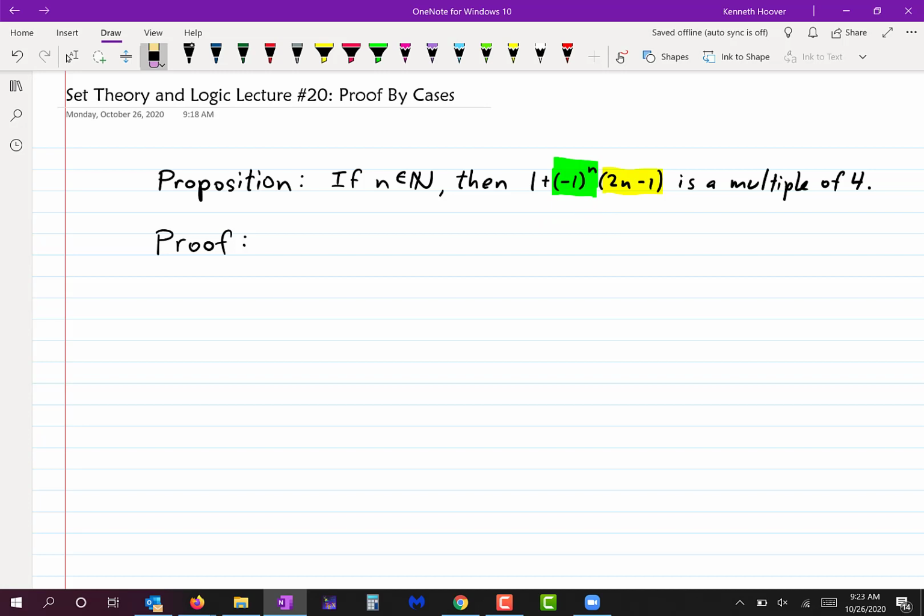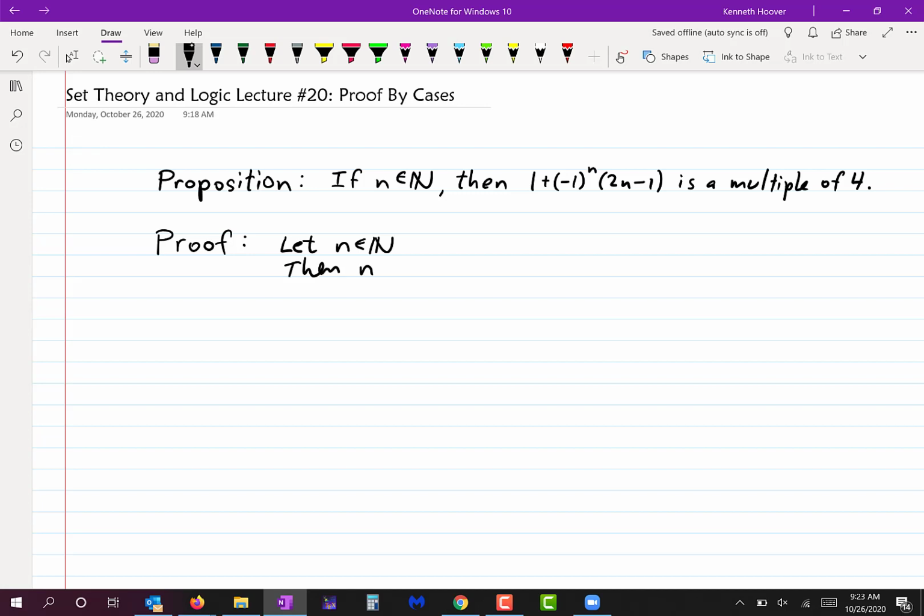So let me show you how you can do that. So let's start out by saying, let n be a natural number. Okay. Then, what do I know?